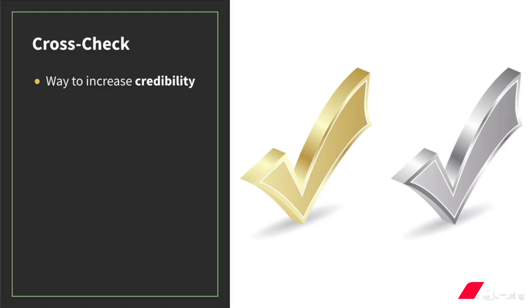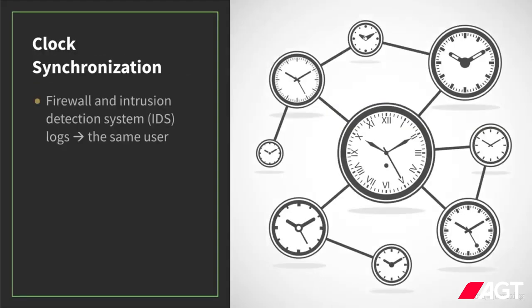By cross-check, I mean the same event originating from multiple devices, strengthening the evidence. Firewall logs and intrusion detection system or IDS logs can all point to the same user trying to connect to a server at a specific time. However, for this to work, the clocks on the hardware producing the log files must be synchronized to produce accurate timestamps.